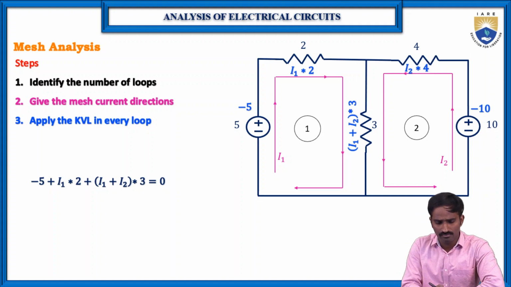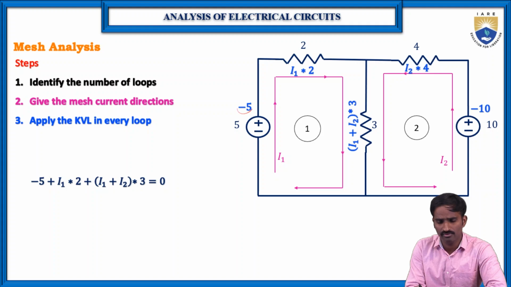Don't get confused about why I have taken the voltage source value as minus 5. According to KVL, the voltage across the source is equal to the sum of the voltages of the elements connected across it. Let us consider this is the A and B terminal. Across A and B, the voltage source has voltage V, which is equal to the other elements connected across A and B, the 2 ohms resistor and the 3 ohms resistor.